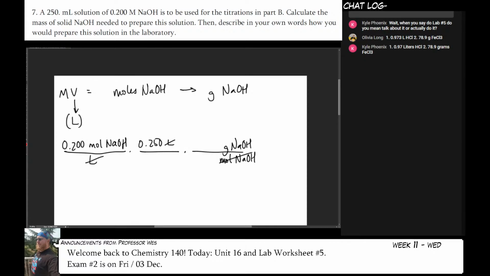So this will cancel out with that one, and I'll end up with grams as my answer. And I need to go look up the molar mass of sodium hydroxide. I believe it's 40. Yeah, 40.00 is what I have there. And so I have 40 times 0.2, which I believe is 4. No. It's 8. And then 8 times 0.250 is 2. So this should be 2.